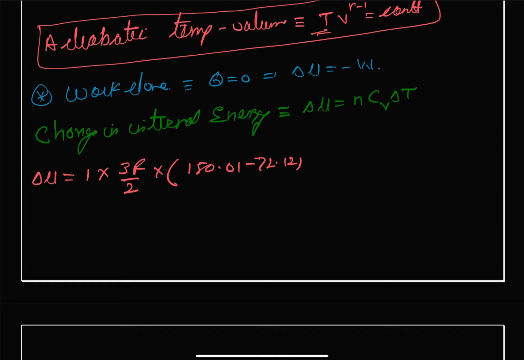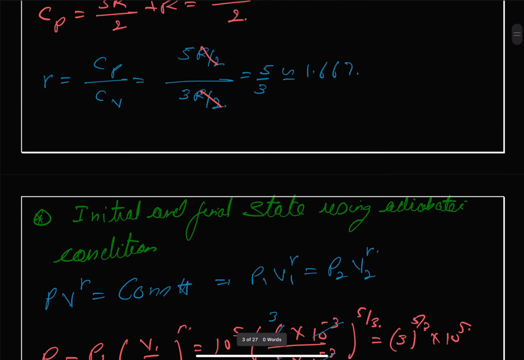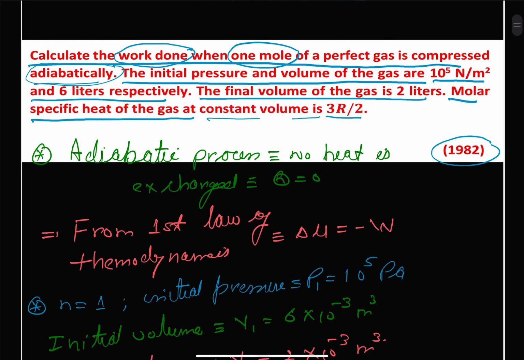So we get this delta U will be approximately equal to 971.37 joules.